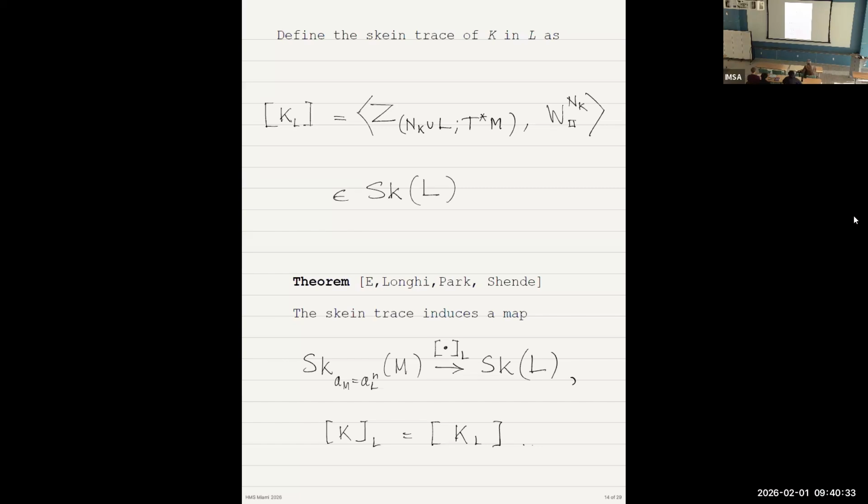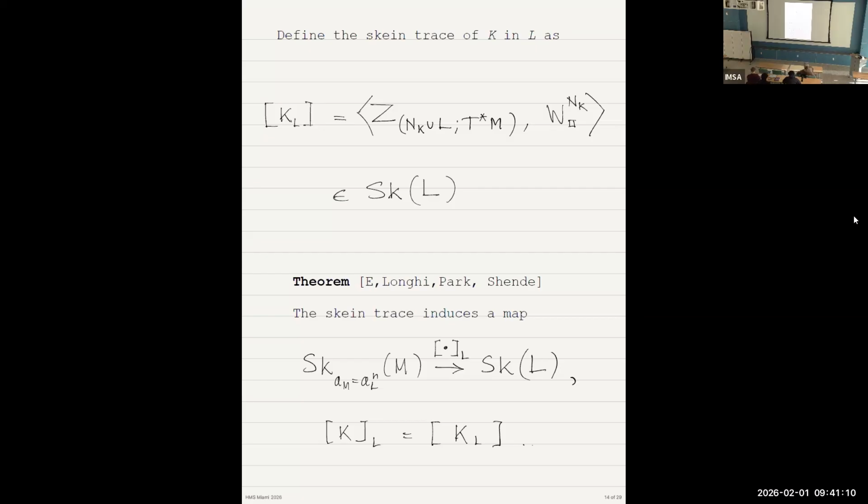Okay, so we're going to define this Skein trace. We start with a link in M, and we now take the curve count that goes from its conormal down to L. Not to M but to L. Then this kind of strange formula is just saying that I'm not going to count all the curves. I'm only going to count those which go once around the solid torus, the central curve.